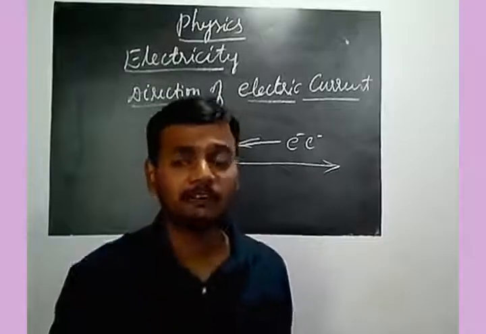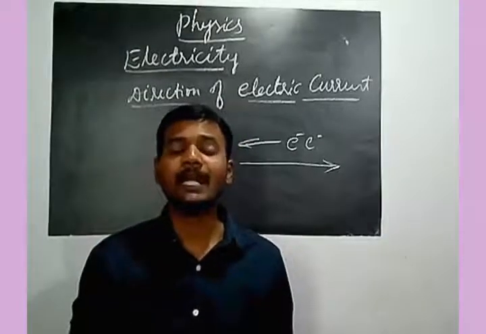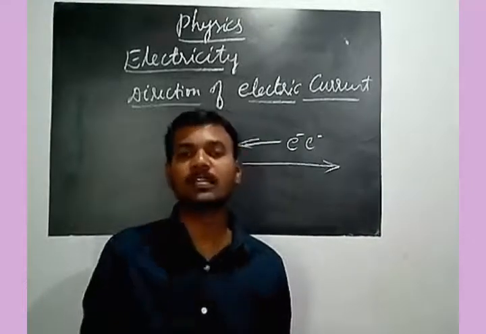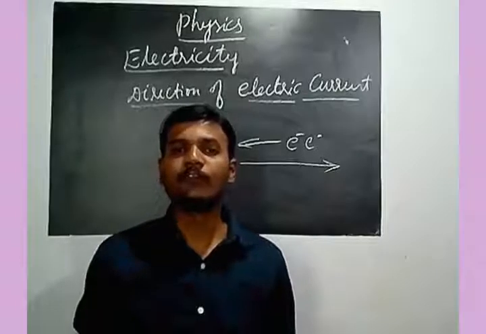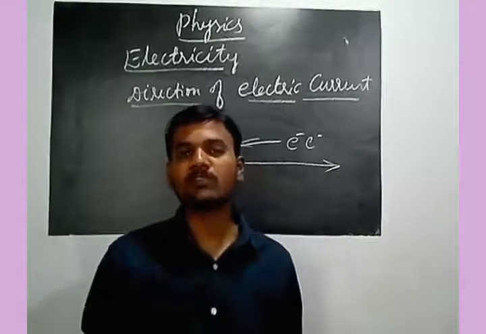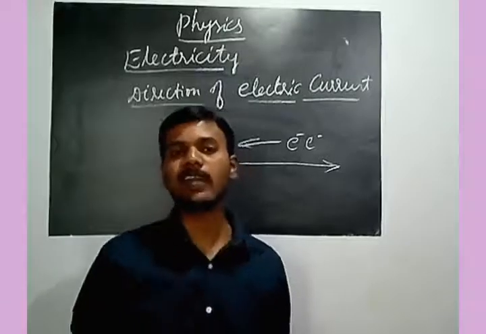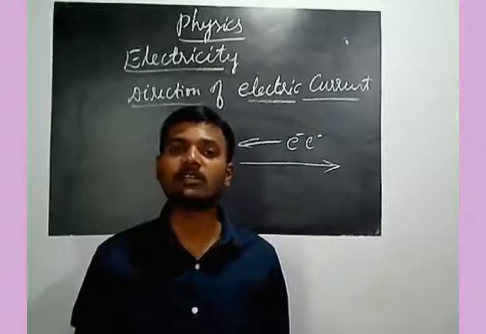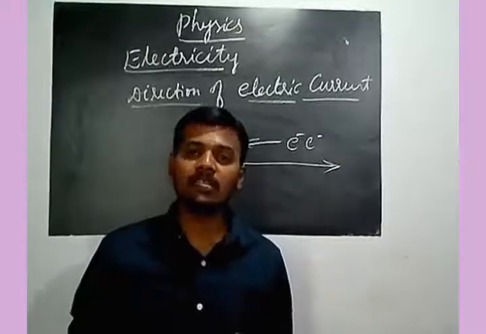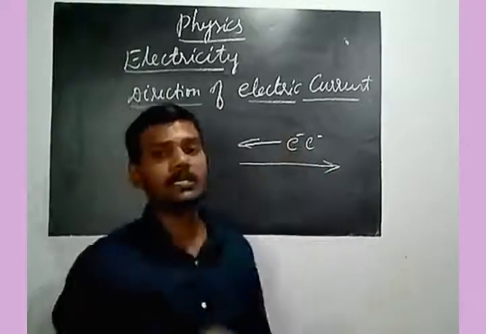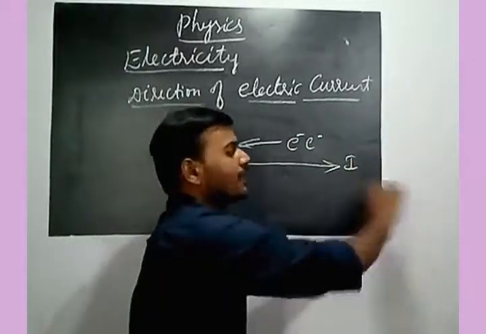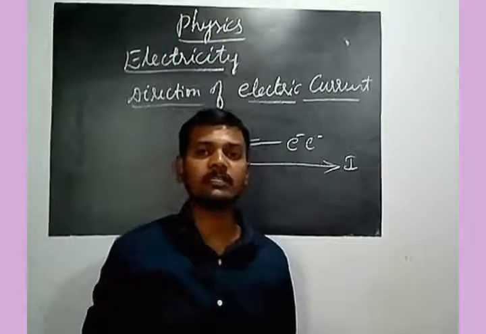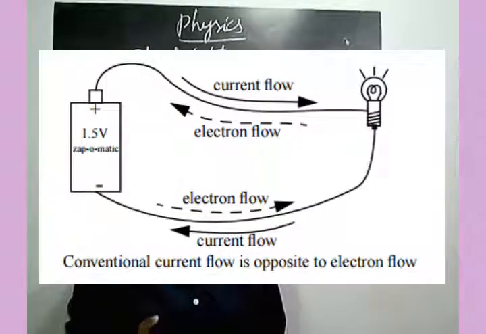This is the conventional current, and it is not the true one. So as not to change the concepts of physics, we take this current as the conventional current. The conventional current flows opposite to the direction of the electrons.